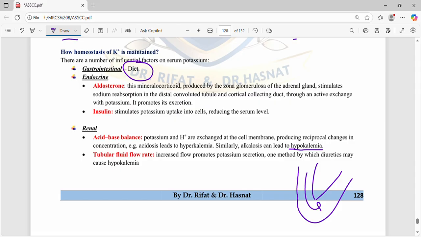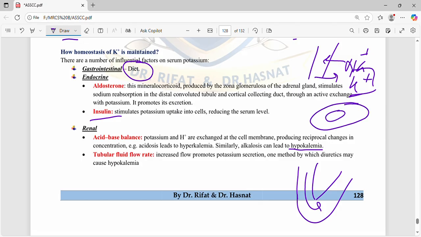Aldosterone takes in sodium and secretes potassium, so aldosterone will cause hypokalemia if there is excessive secretion. Insulin does reuptake into the cells. So insulin always pushes potassium into the cell, because that is the mechanism of insulin's work.